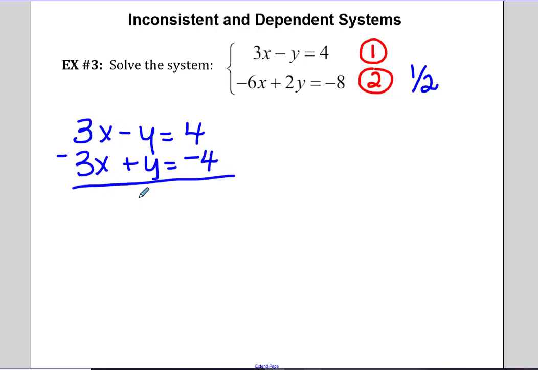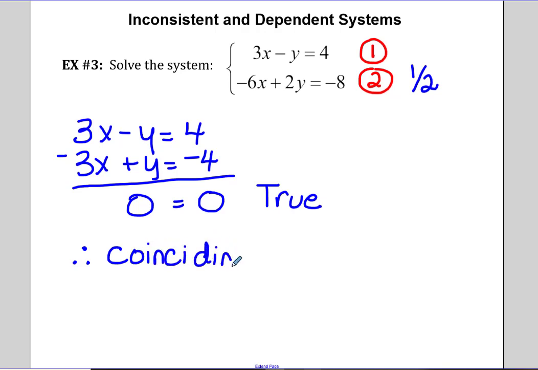So again, nothing is left on the left, and 4 minus 4 is 0. That's a true statement. All my variables went away, so they're the same line. They're coinciding. One line sitting on top of the other.